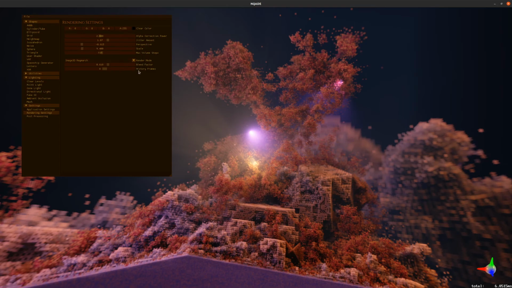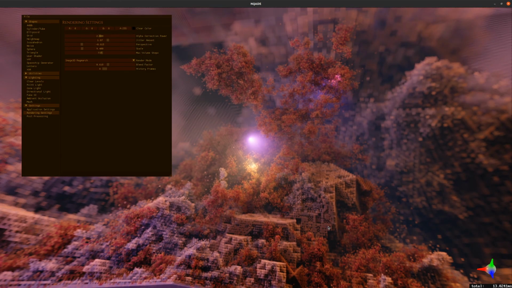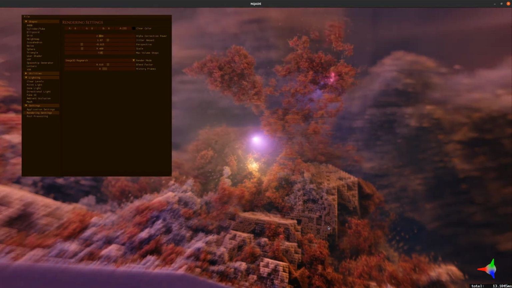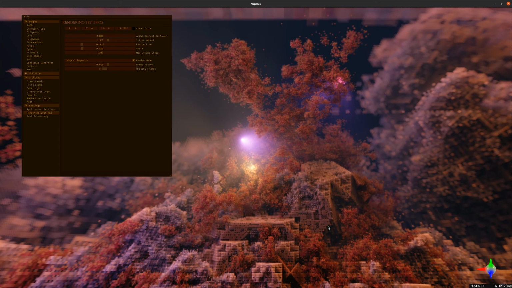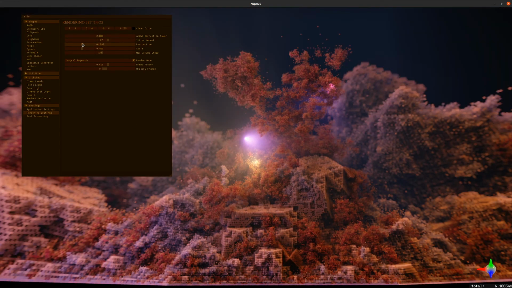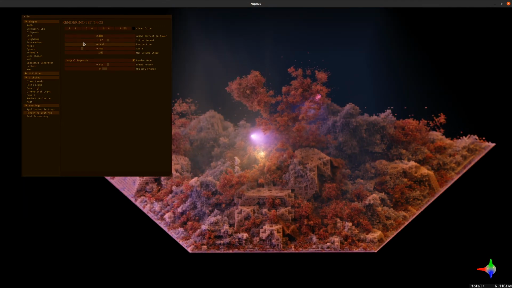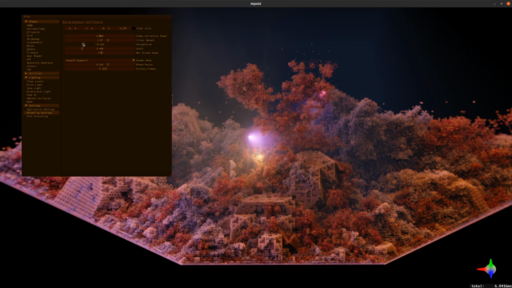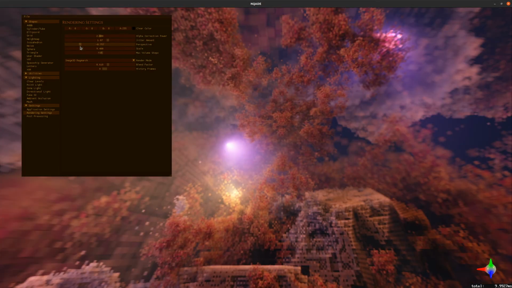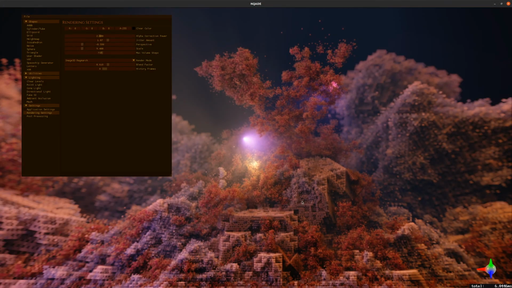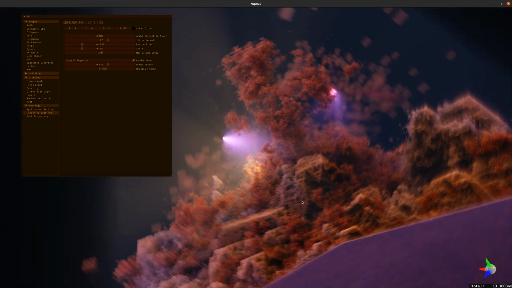Volume steps is how many steps there are from back to front, and that has consequences with respect to aliasing, etc. As perspective becomes more and more negative, things that are farther away actually look larger. Anyway, it's kind of an interesting look sometimes.